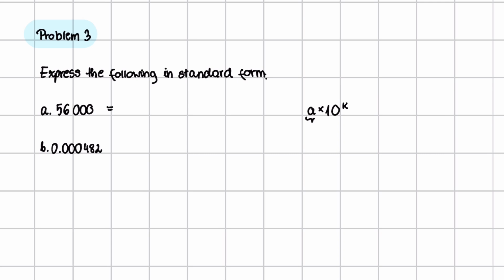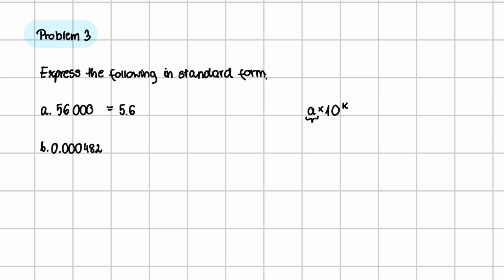And A has to be between 1 and 10. So our A in point A is 5.6. It cannot be 56 because it has to be between 1 and 10. It cannot be 0.56 because it has to be between 1 and 10.